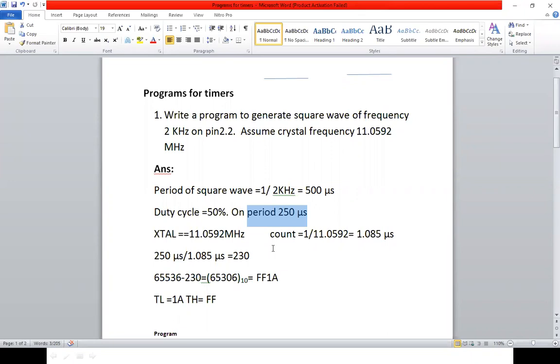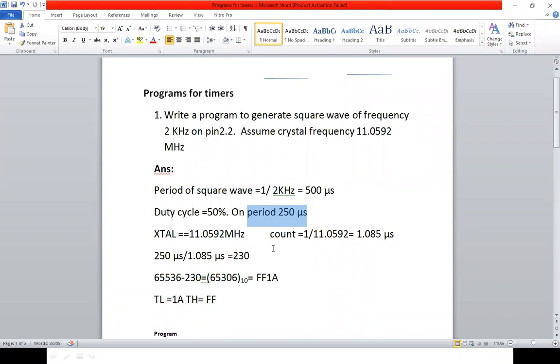This is the count, and this count is subtracted from 65,536. Why 65,536? This is homework for you. Why do we subtract the count from 65,536?